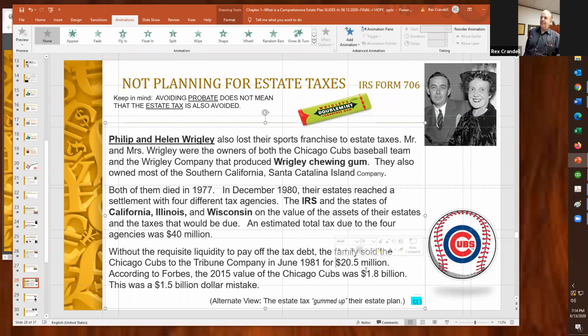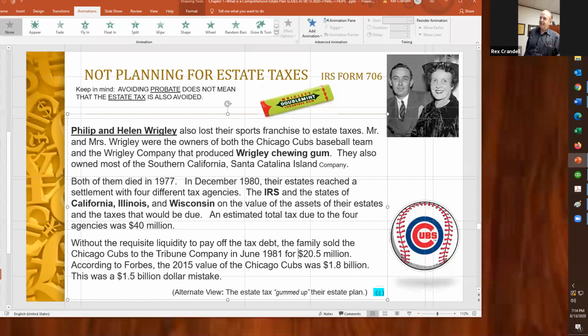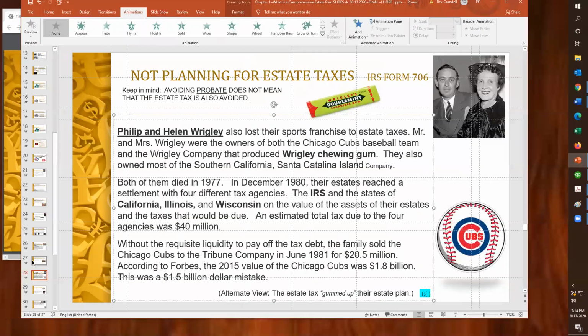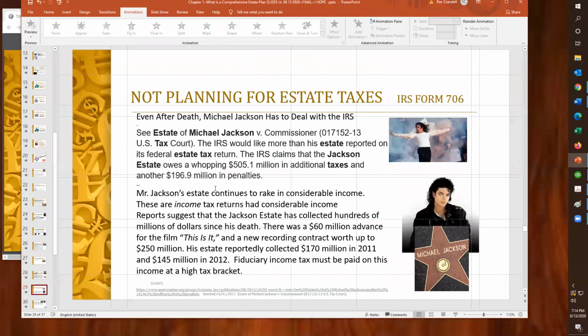But then many years later, in 2015, it was worth $1.8 billion. So they lost a whole bunch. And I hate to say it, but this estate tax was all gummed up because of their lack of planning. Yuck, yuck. I know, that's bad. Okay.